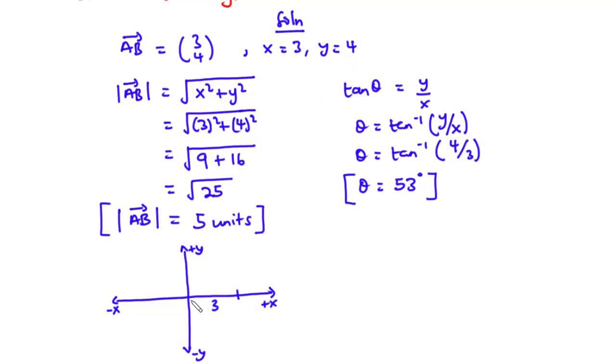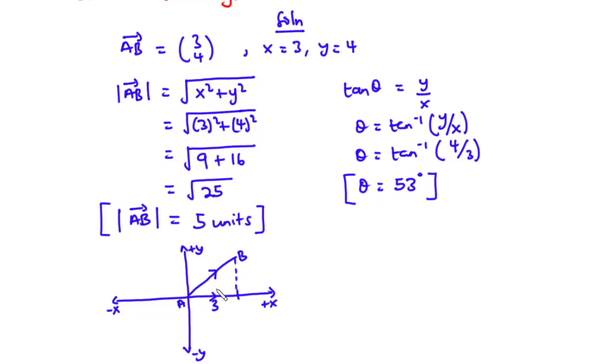So we move first 3 units to the east, and then 4 units to the north. Now let me use short dashes to represent that. This will be the vector AB. So this is point A, this is point B, and this is the vector AB.